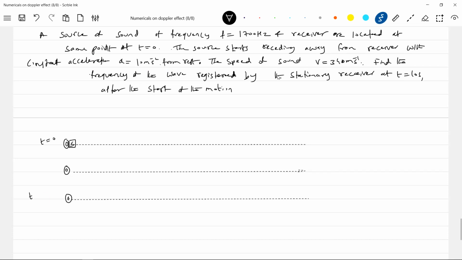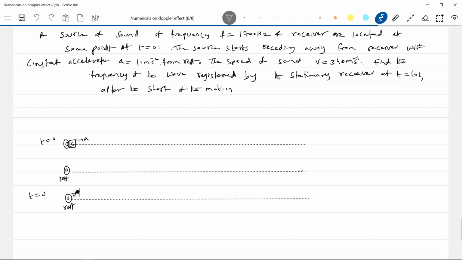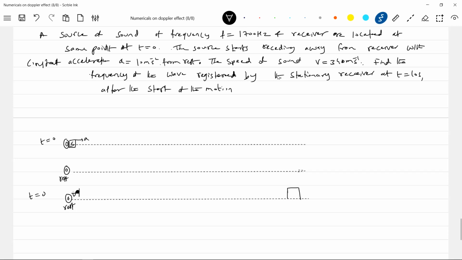So when the detector detects a wave at t equal to 10 seconds, the source will have started accelerating from rest, and by the time the wave is detected, the source will be somewhere here. The source starts receding.